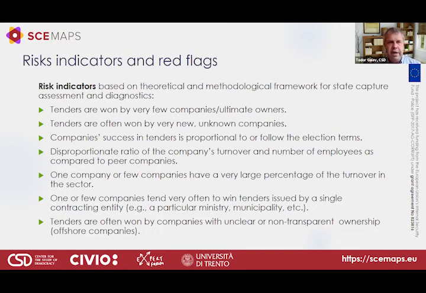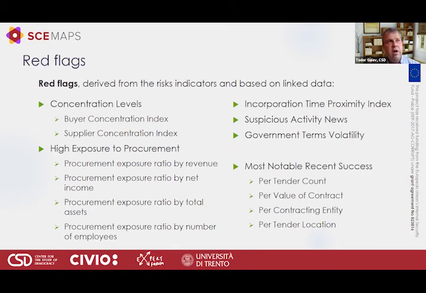So based on the theoretical concept, we developed a set of risk indicators, and then based on these risk indicators, we developed some red flags based on linked data between the three types of data that we have: corporate data, public procurement data, and media data.